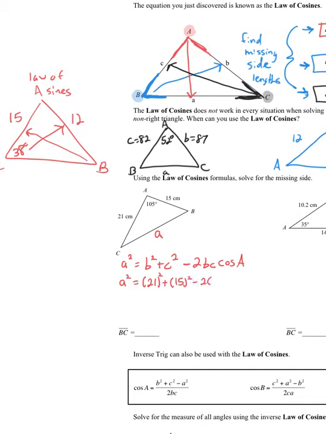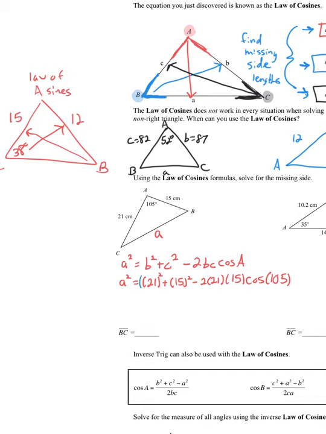And the order doesn't even matter on these, which is really nice because of all of the multiplication. So we don't have to be too terribly careful as long as we get the right side lengths listed. And we get something that looks like this: 21 squared plus 15 squared minus 2 times 21 times 15 times cosine of 105.